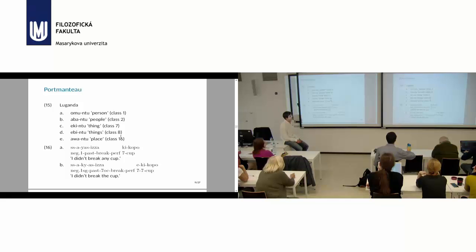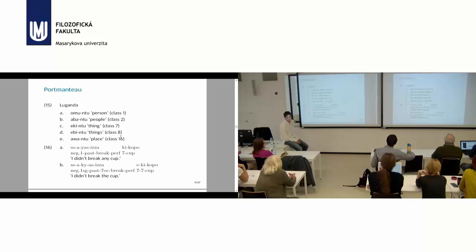And then you have a class 7 inanimate singular, kopo, obviously related to the English cup. So if you say saya si zači kopo, that means I didn't break any cup. Okay? When you say sačia si za eči kopo, then you say I didn't break the cup. Okay?